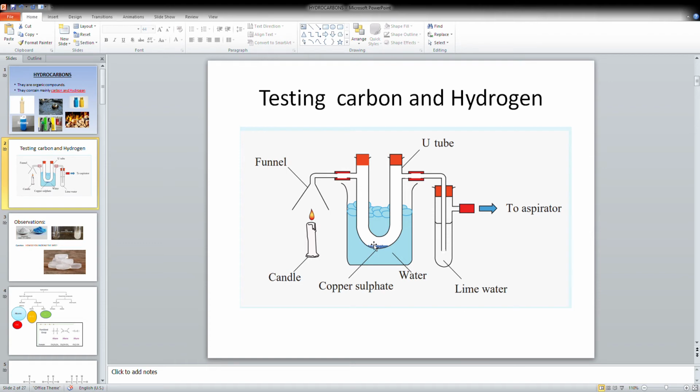How do we get the water? By hydrogen combining with oxygen. Likewise, we can confirm the presence of hydrogen. The next step is the lime water container. Lime water is normally colorless, and you can learn that test even in grade 6. Lime water easily reacts with carbon dioxide and turns milky.